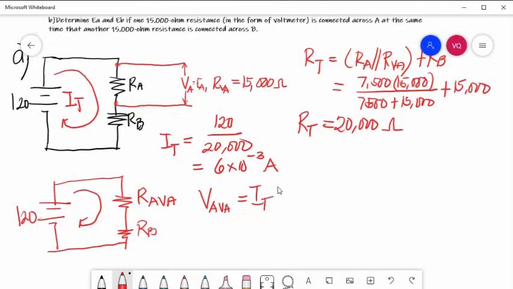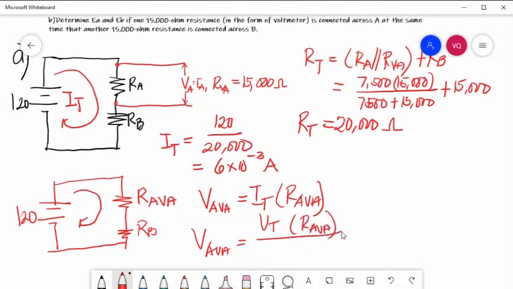So, IT multiplied by RAVA. Or using voltage divider theorem is equal to total voltage multiplied by RAVA divided by total resistance.